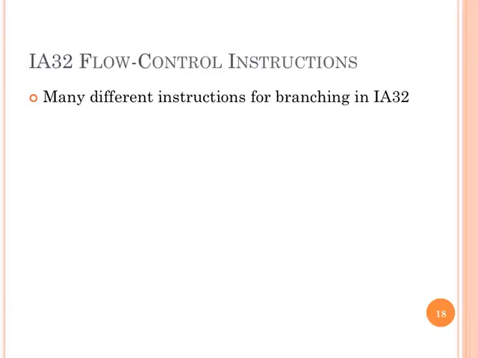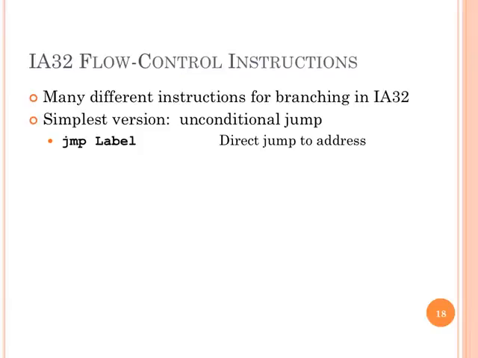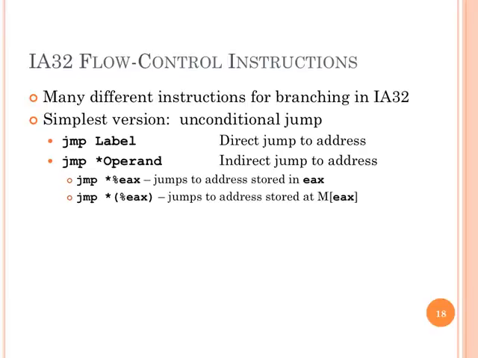Okay, flow control. There's a huge number of instructions for doing flow control in IA32. The simplest one is the unconditional jump, which even by itself is really fancy, and you can do all kinds of nifty things with it. So jump with a label is the obvious one. It's a direct jump. You have jump with star and then a register.